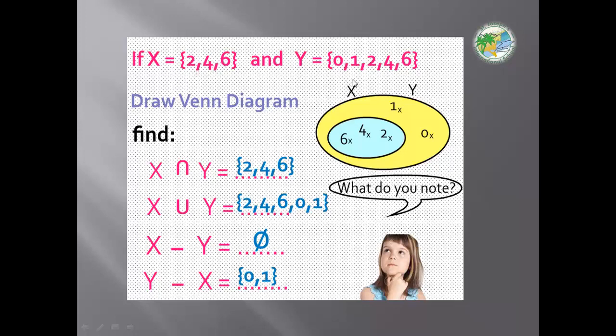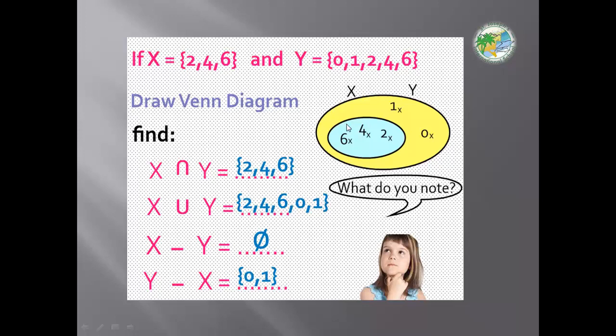The elements inside Y are 2, 4, 6, and also 0 and 1 remain. Then X intersection Y from the Venn diagram is the inside set, 2, 4, 6. X union Y is 2, 4, 6, 0 and 1.